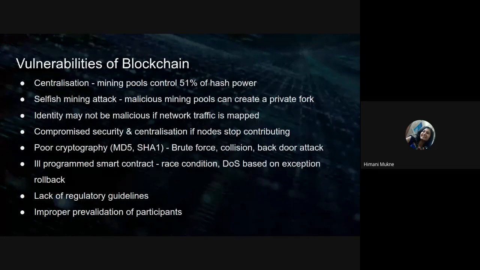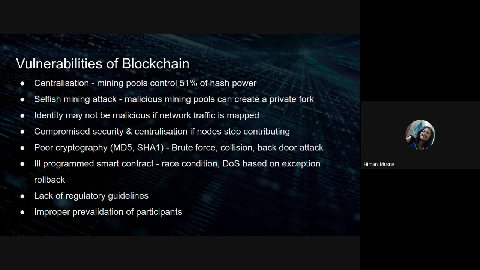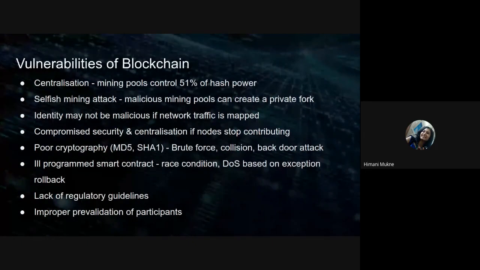And the next point being, well, as we discussed while seeing the layers of blockchain, at the incentive layer, the incentive to provide security to the network depends on the nodes. But it may happen that maybe the working cost of the nodes is higher than the income that they're getting from the virtual currency.